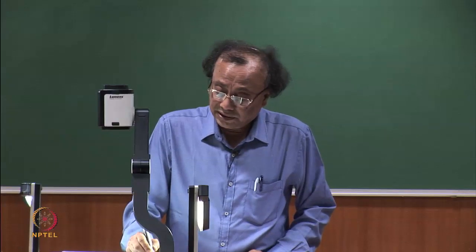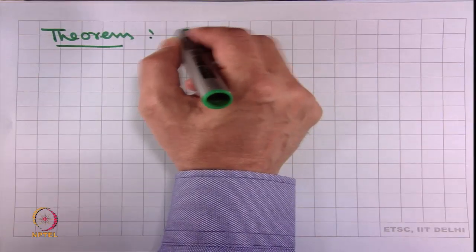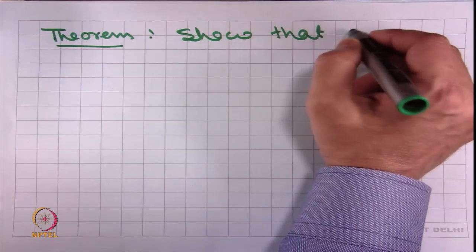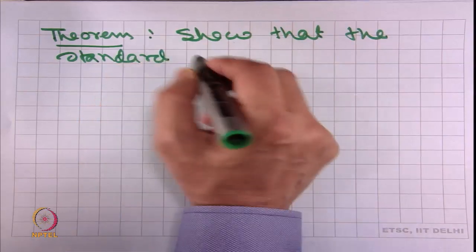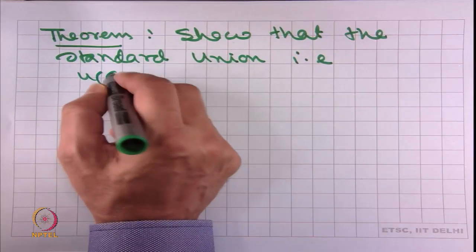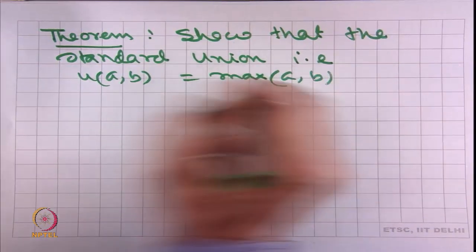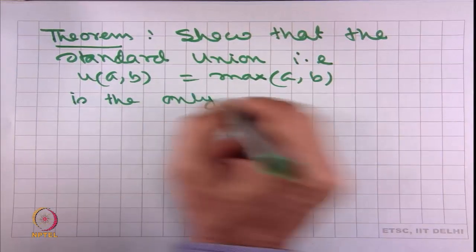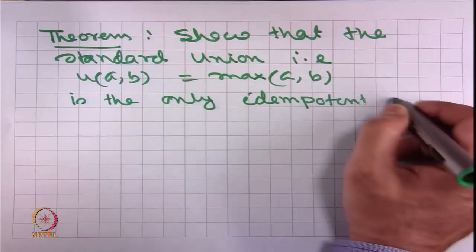So, a similar theorem we write with respect to union, show that the standard union, that is U A B is equal to max of A comma B, is the only idempotent conorm.